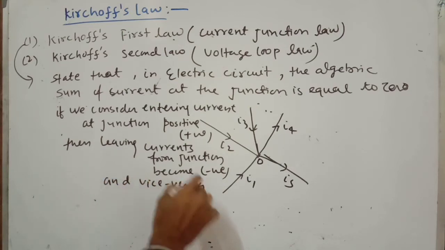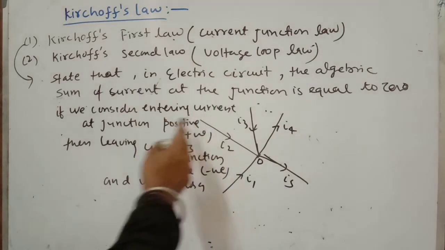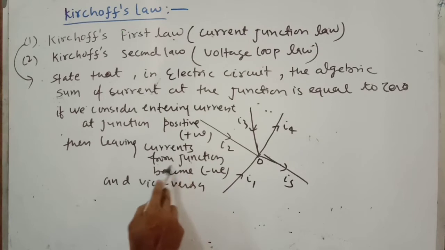That means you can also assume the leaving current is positive and the entering current is negative. Here we consider the entering current at the junction positive, so the leaving current from the junction becomes negative.